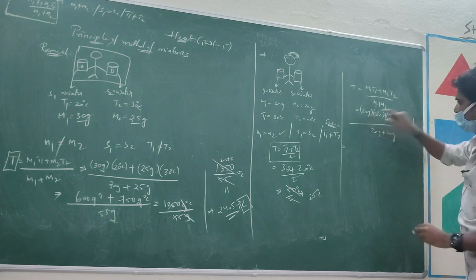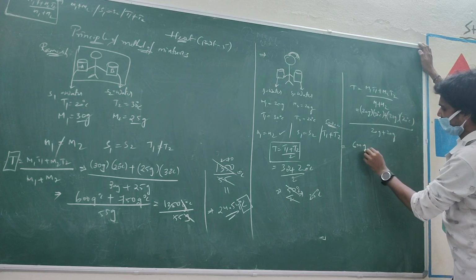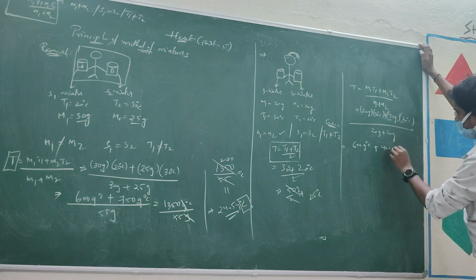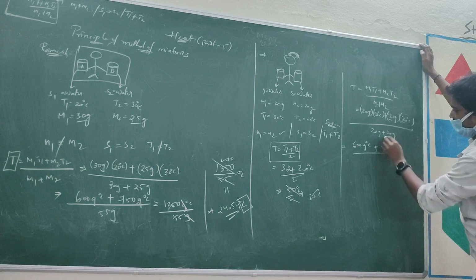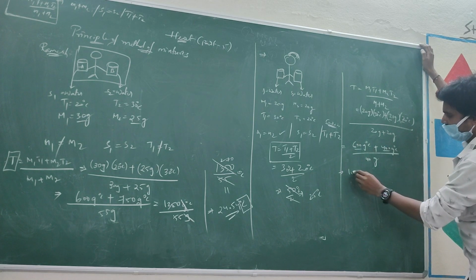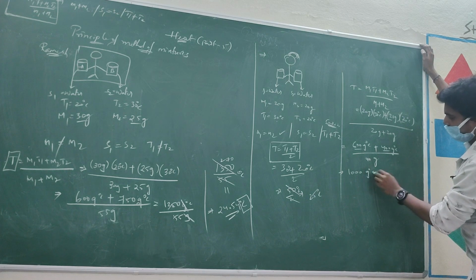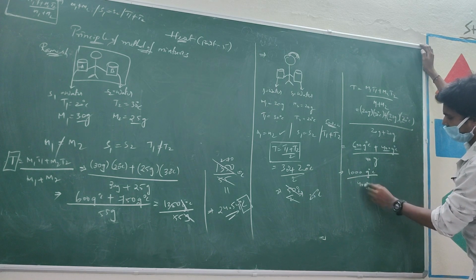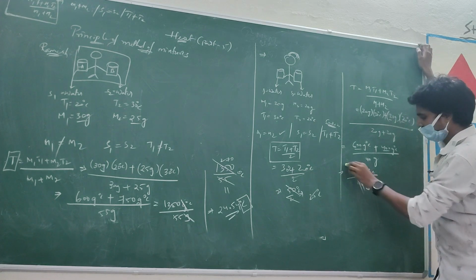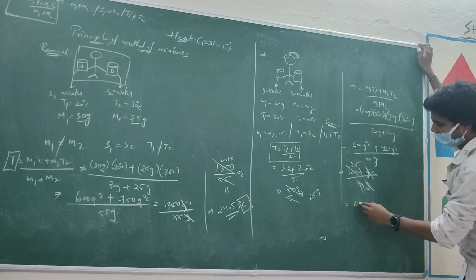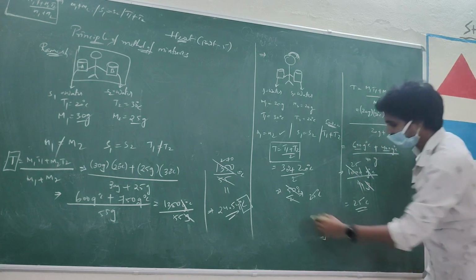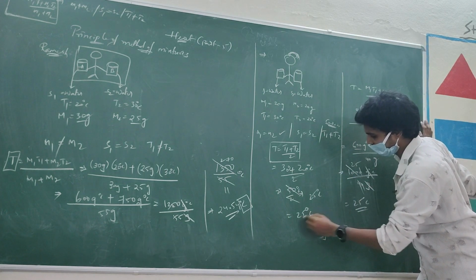So 2 3s are 6, which means 600 grams degree centigrade plus 2 2s are 400 grams degree centigrade. 20 plus 20 is 40 grams. Overall 600 plus 400 is 1000 grams degree centigrade divided by 40 grams. Grams and grams got cancelled out and 0 and 0 goes. In the 4 table 100 goes for 25 times. I think we got the same answer here, right? Yes or no? In both the cases we got the same answer, that is 25 degrees centigrade.